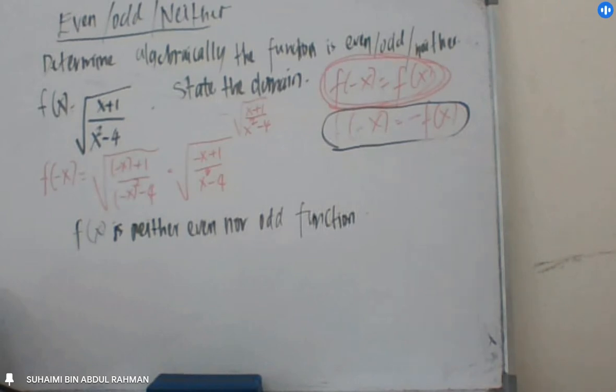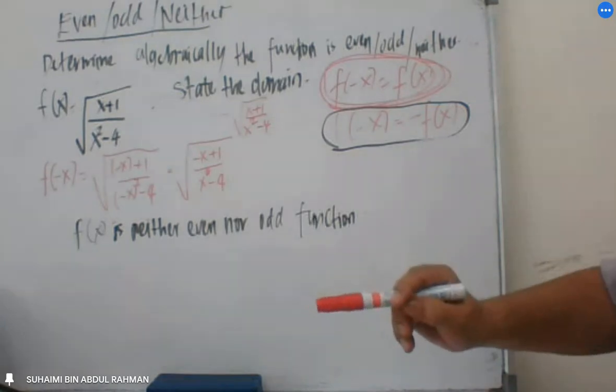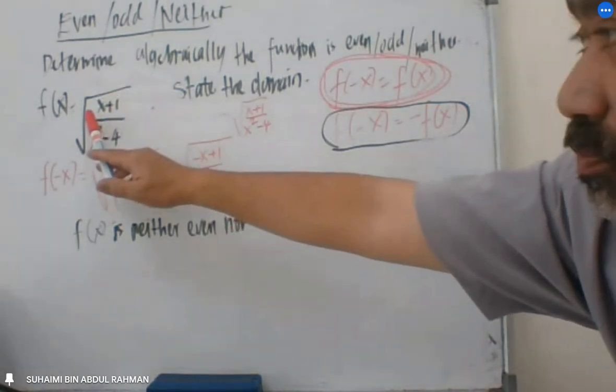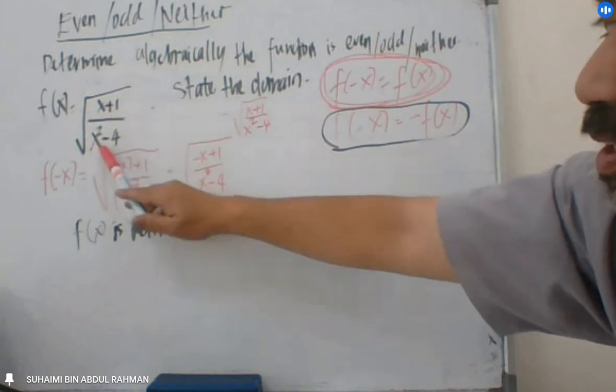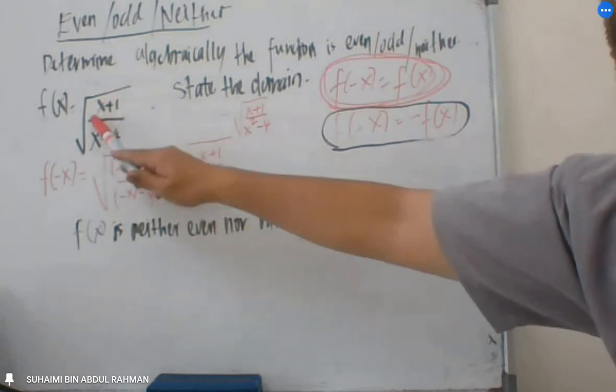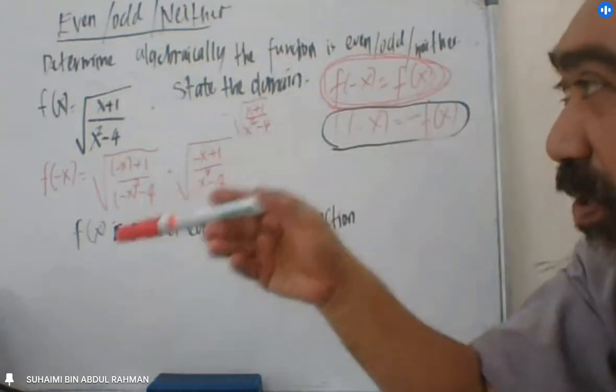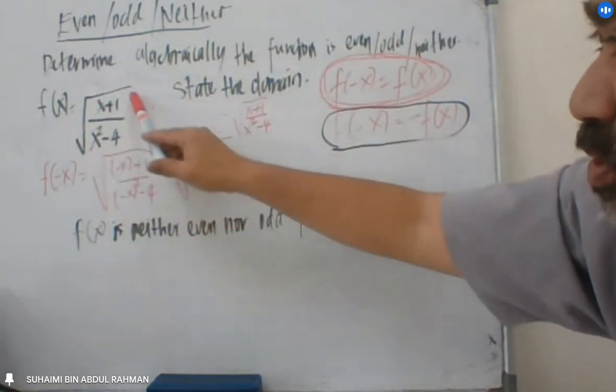So for the domain of the function, remember that inside a square root, everything here must be positive.